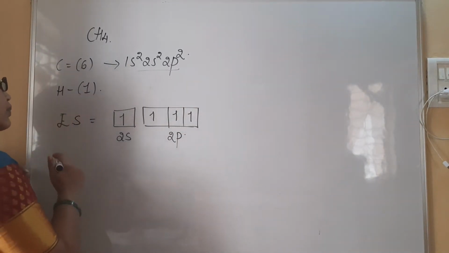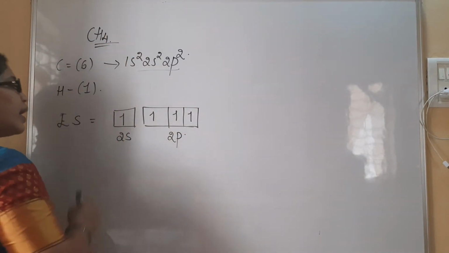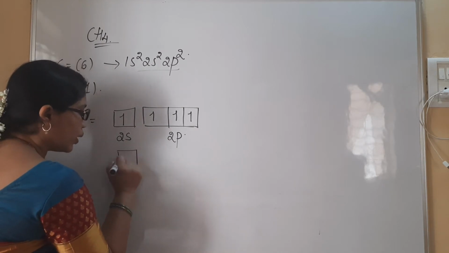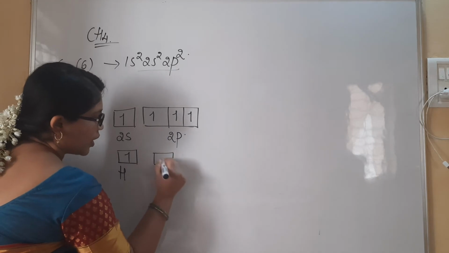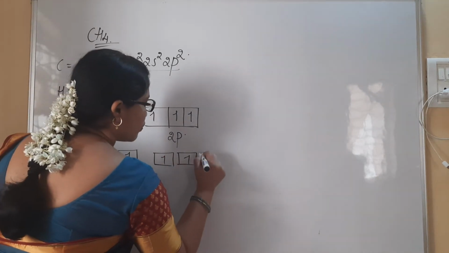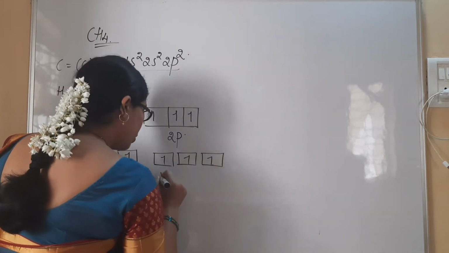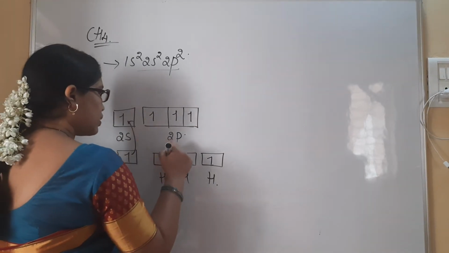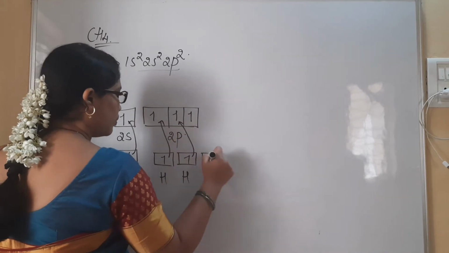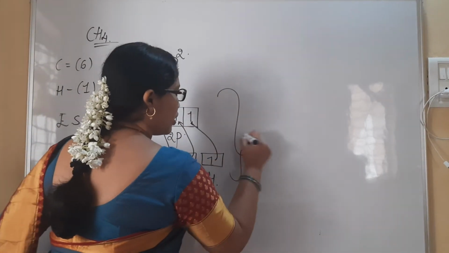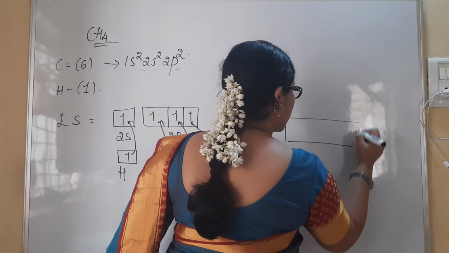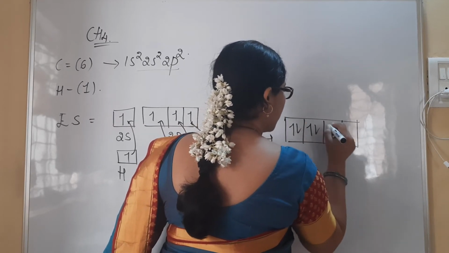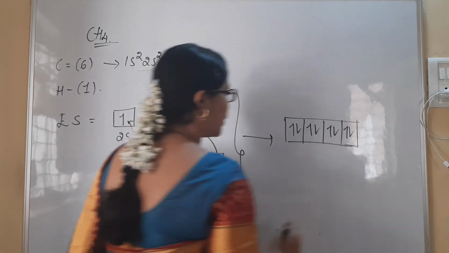Okay. Now see, I have 4 hydrogen atoms. Each hydrogen atom comes with one electron towards the carbon atom. And this electron comes here, this comes here, this will come and this will come here. In total, after hybridization, we will obtain 1, 2, 3, 4, 5, 6, 7 and 8.